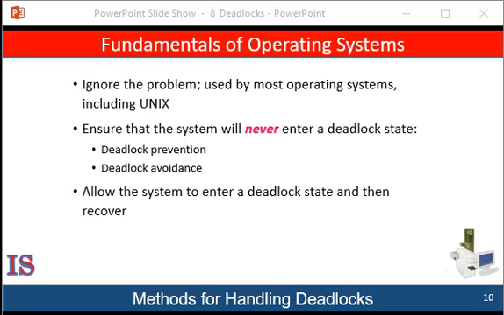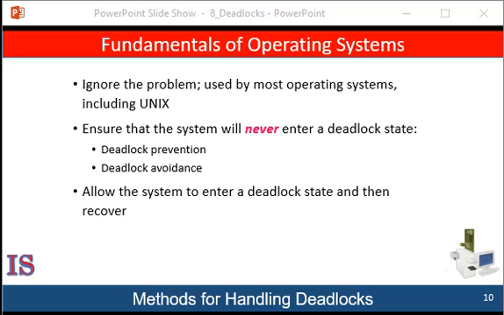Deadlock avoidance requires that the operating system be given additional information in advance concerning which resources a process will request and use during its lifetime. With this additional knowledge, the operating system can decide for each request whether the thread should wait.